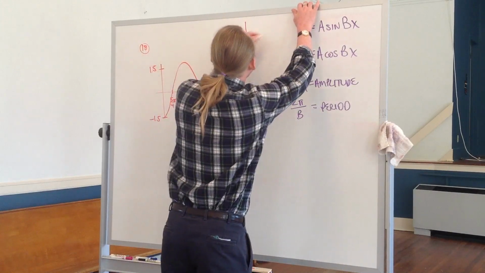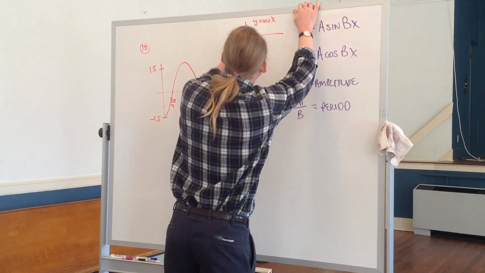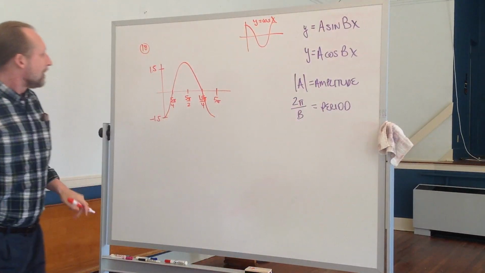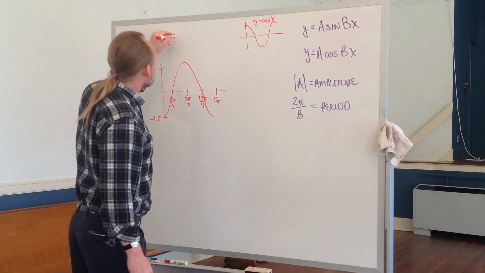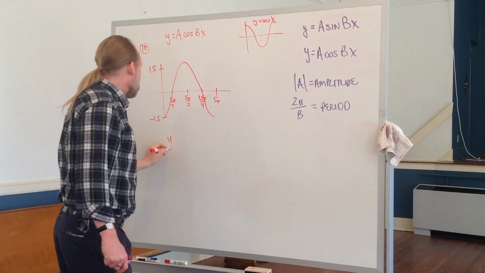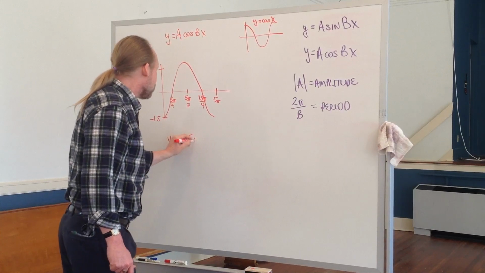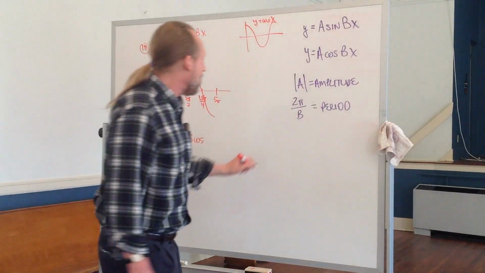Because remember, your standard cosine looks like this, right? So if this is starting out down at the minimum value, that's saying that the A is going to have to be negative. Negative 1.5 cosine, and then our period is 5 pi.